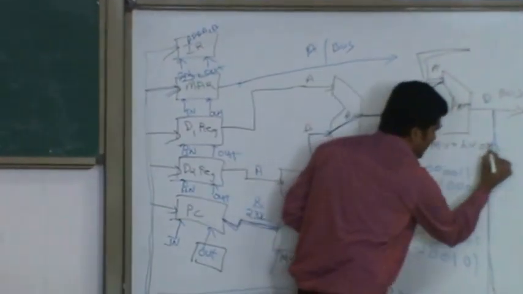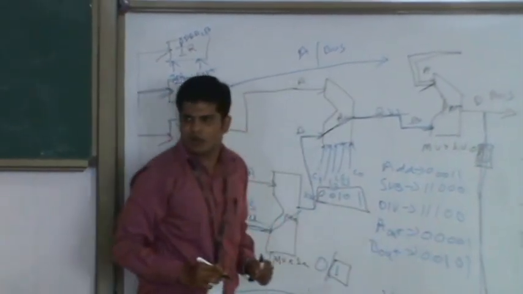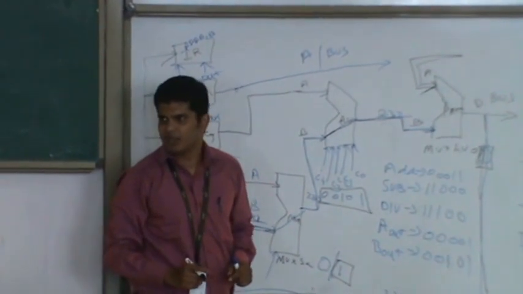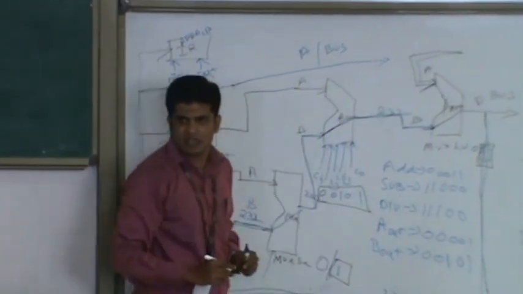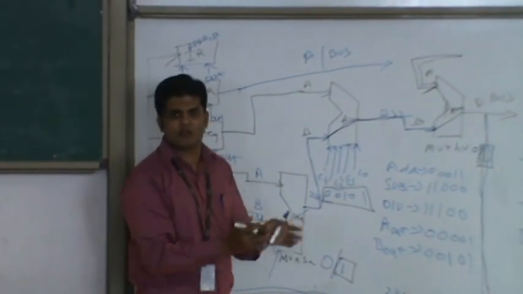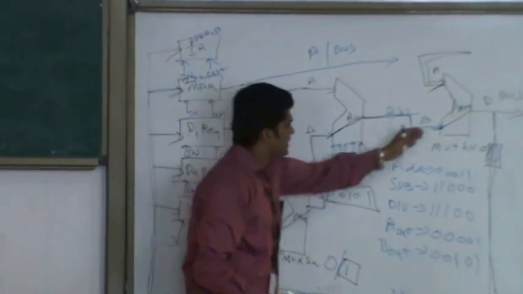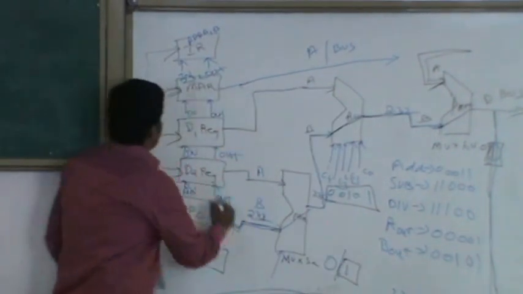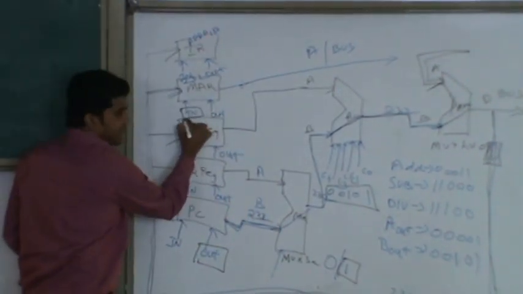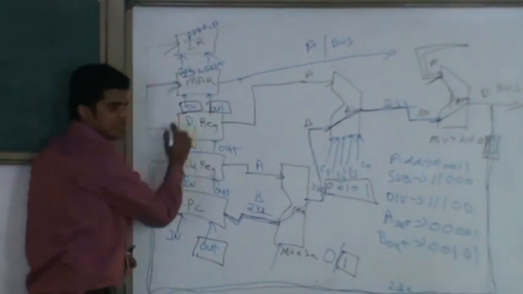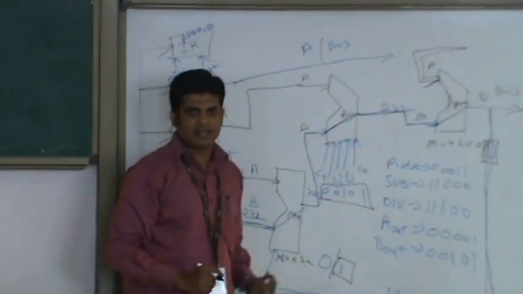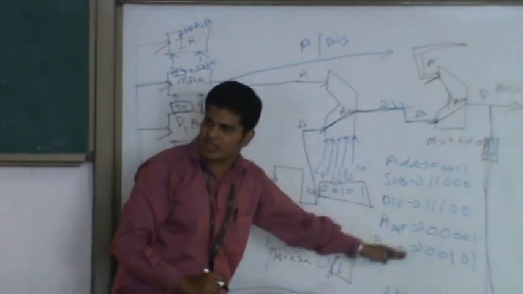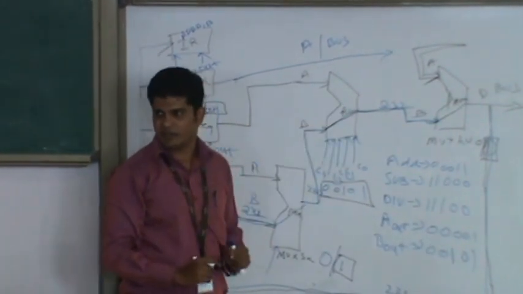Then mux LU of 1 should be selected, so that again the data will be transferred, whatever is there in the B line, without performing any operation. And then MAR in should be selected and out should be selected at the same point of time, while the data has to be placed on the address bus. So these are the control signals we will be generating.